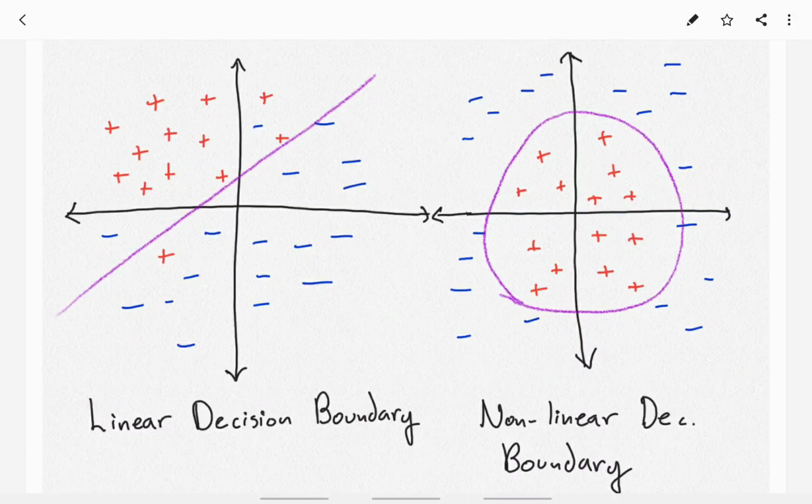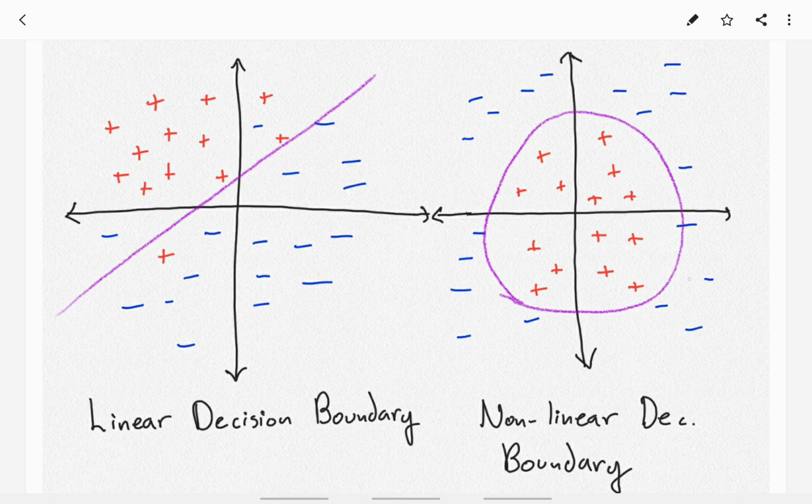Let's think about the binary classification setting, where pluses and minuses represent data points. If we have a data set that looks like the one on the left here, then we would like to create a linear decision boundary, and a linear classifier would do quite well for this data set.